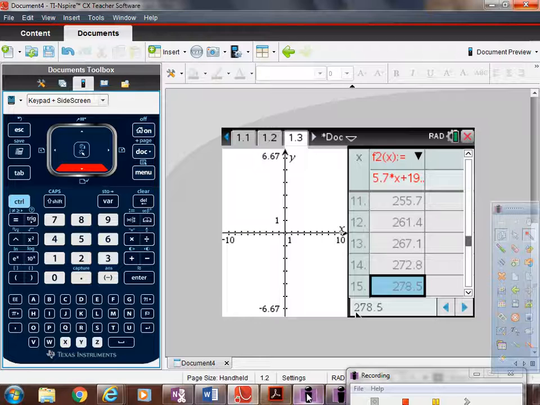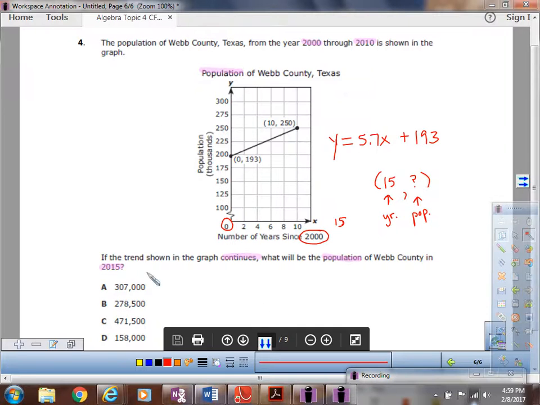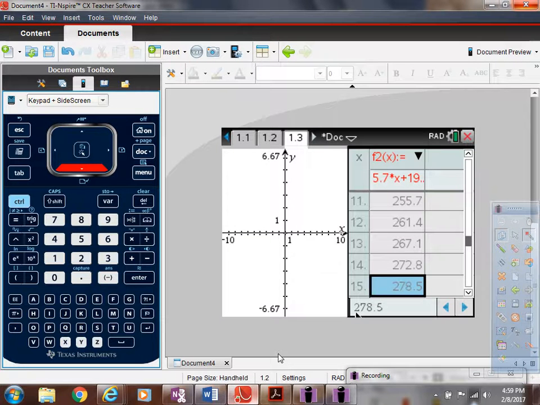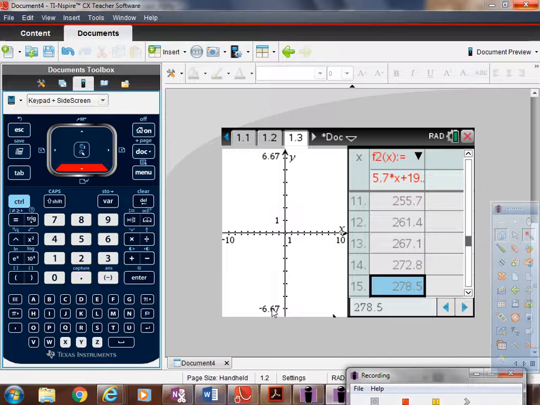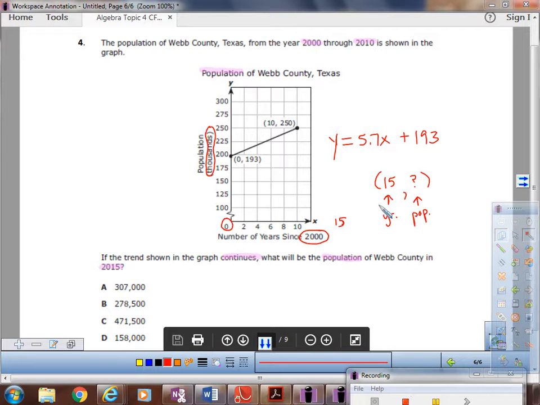Let's see what kind of answer choices we have. And these are in the thousands. So if you're wondering, well, why are they big numbers? Well, because they are in the thousands. And so this would round to like 279 or so. And so what I'm thinking is 279,000. So 307,000 is too much. 278.5, there it is right there. If you think about it, it has to be B. They didn't round it.